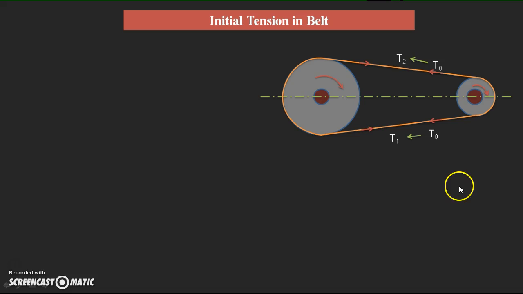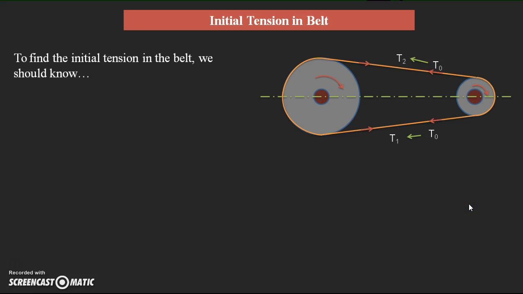So with this analysis we can find the initial tension, which is T naught. To find it, we should know which terms we need to analyze. First is the increase in the tension on the tight side. Here T naught to T1 is the increased value, so the increment is the difference between these two.